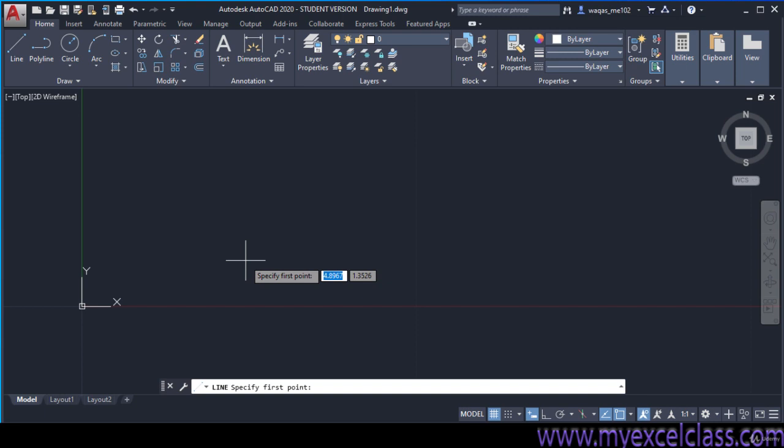Well, in the polar coordinate system, I want to draw the same rectangle as I drew for the absolute and for the relative, having a length of 10 and a height of 5.